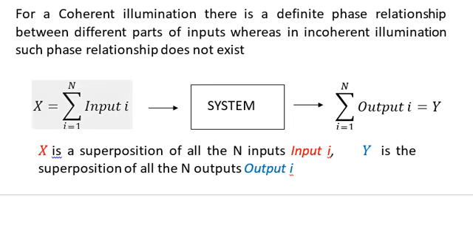So X is our total input, Y is our total output. So we can disintegrate the total input X into n small inputs, and we can feed these inputs to the system, and then we will get corresponding to each input an output i. So we shall get n outputs, and we can combine them, that is, we can superimpose them to get the total output Y.